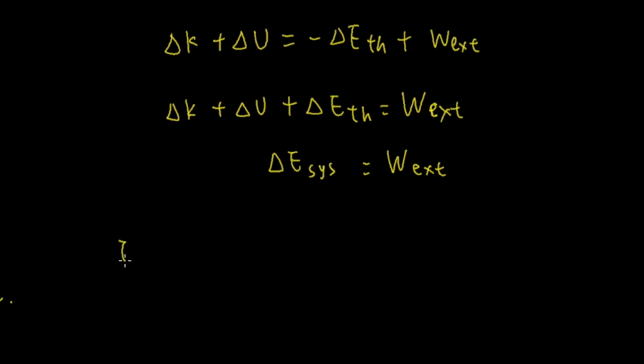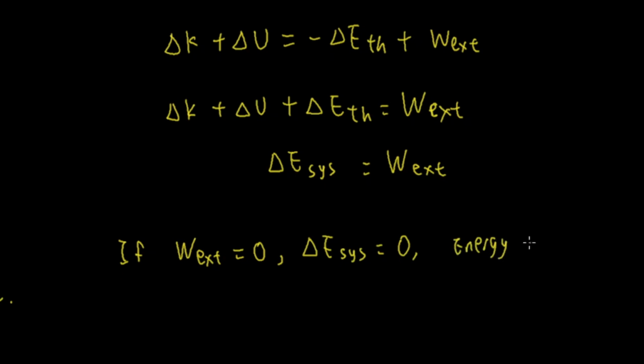That means if the work done by the external force is equal to zero, we have change in the energy of the system equal to zero. Then the energy of the system is conserved.